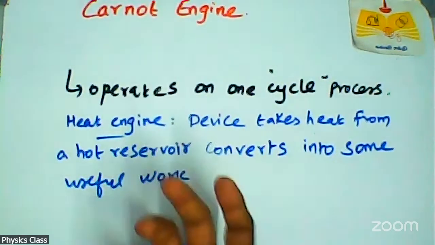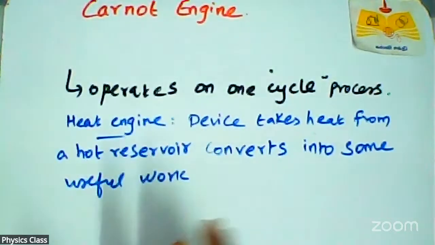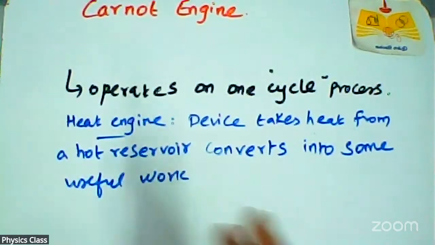It takes, for example, 100 calorie or 100 joule, but it does not convert all the 100 joule into work.